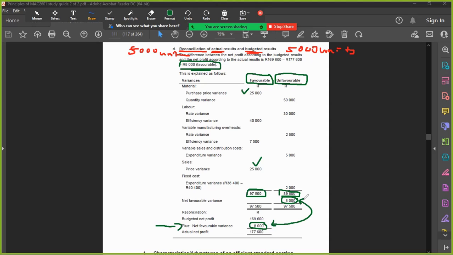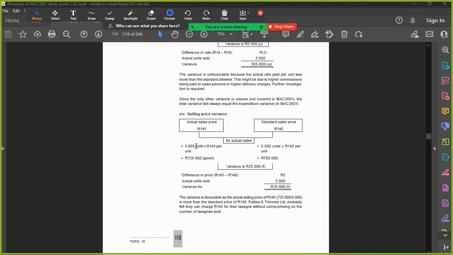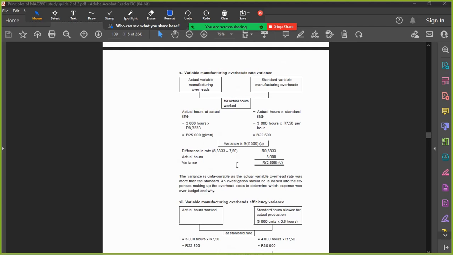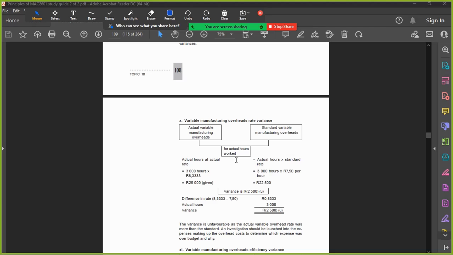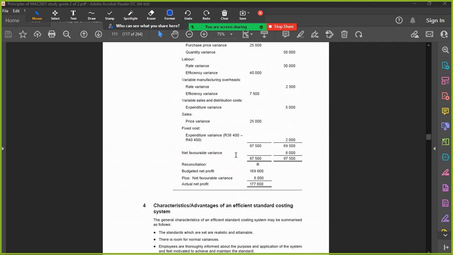So the recon is just setting out the differences that you've identified in the variances. Remember, every single variance here would have come up in part C. Part C just highlights all these variances, so most of the work is in A and B. C and D is just analysis.